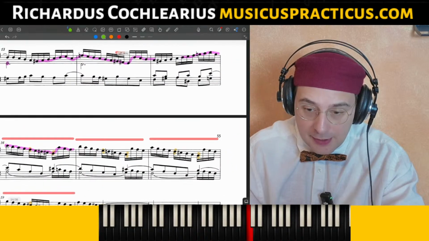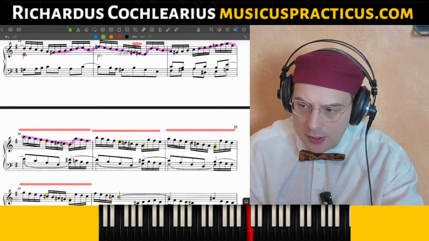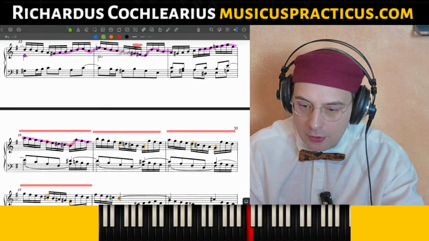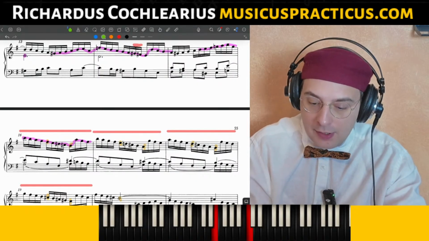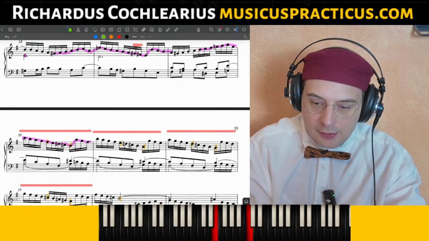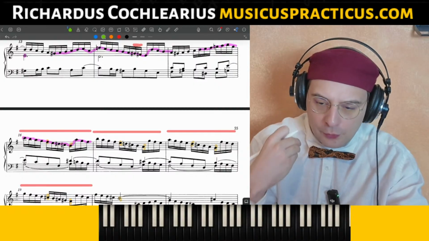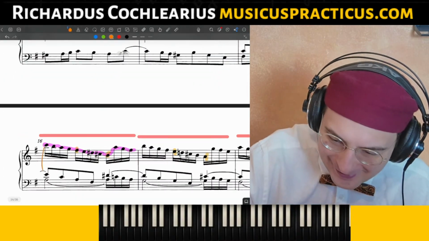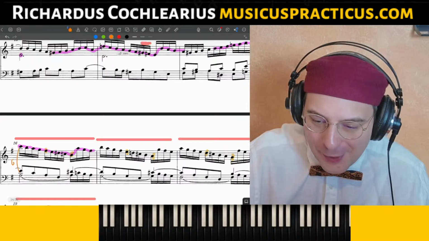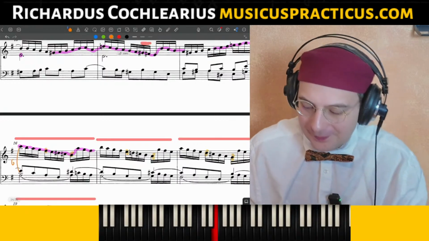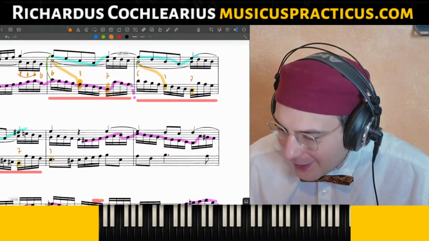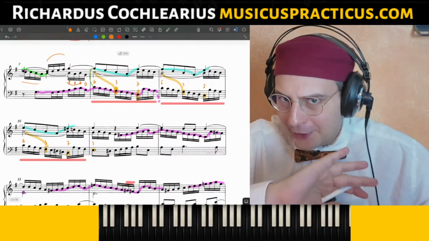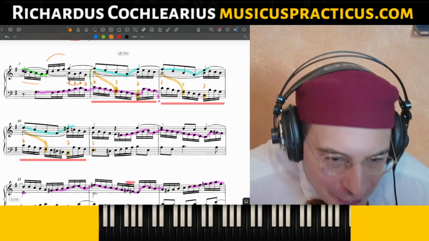Am I saying right? No. We have an E. Yes. So yes, we have a 6 and we had a third before. We have a 6 here, which means that we had a third before. That's okay actually. So yes, it's invertible counterpoint at the octave. I'm seeing things that don't exist.